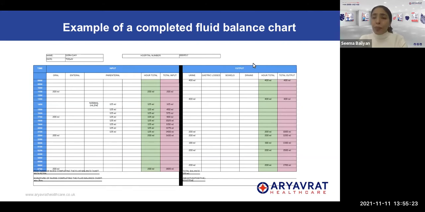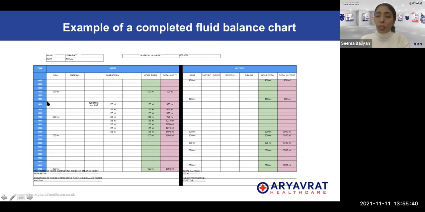Now, please remember that if the start time is 1 o'clock, then you are not going to write at that time. Say, for example, the normal saline was actually started at 1300 hours.